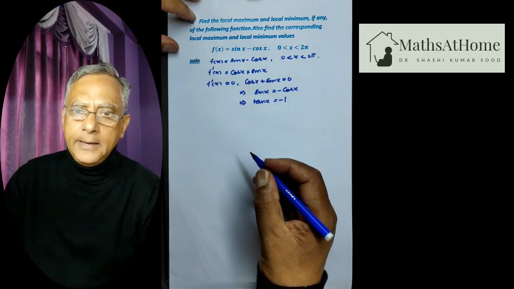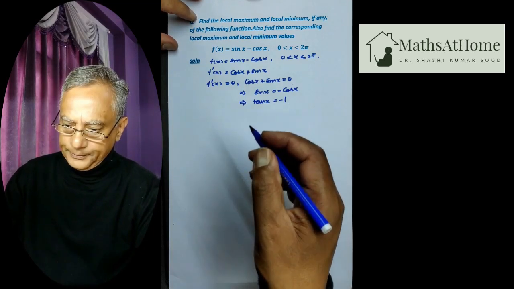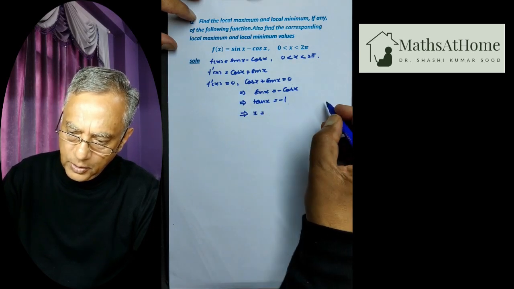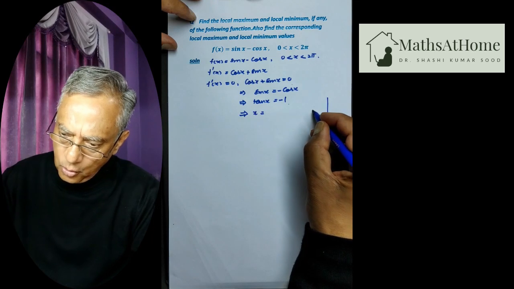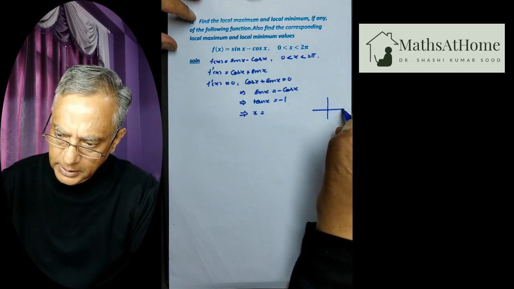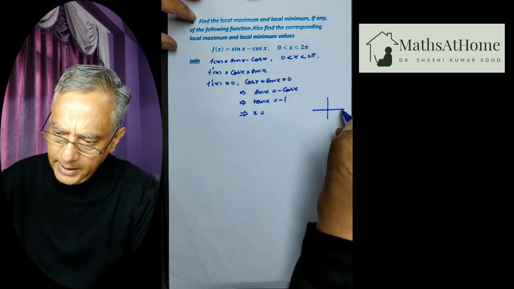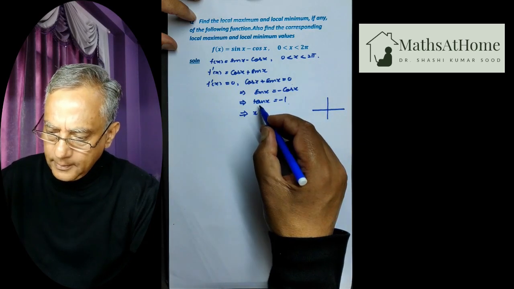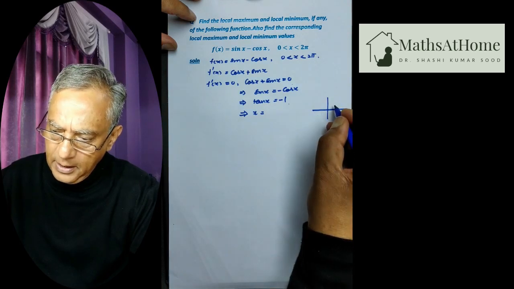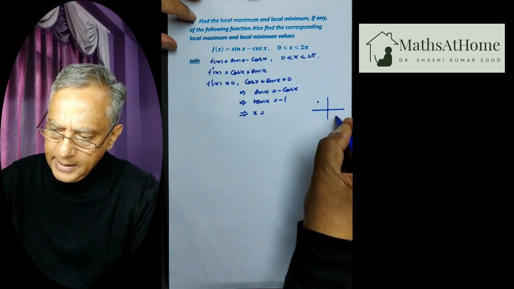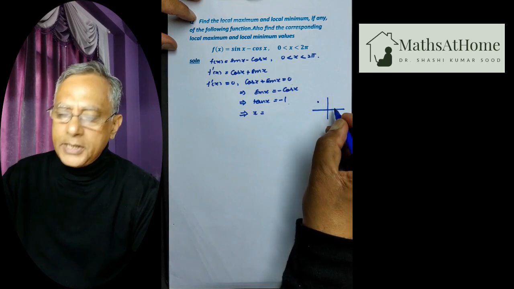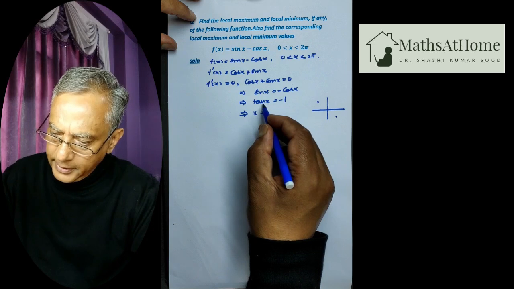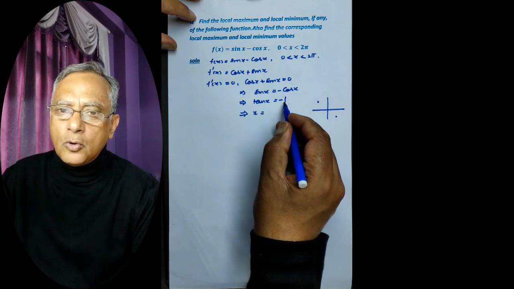Tangent of x is minus 1, and this implies x is equal to, now in 0 to 2 pi, this is 0, this is pi by 2, pi, 3 pi by 2 and 2 pi. So tangent x is negative in which quadrants? In the second and fourth. So we shall take the values from the second quadrant and fourth quadrant. Now tangent x is equal to 1 at x equal to pi by 4.